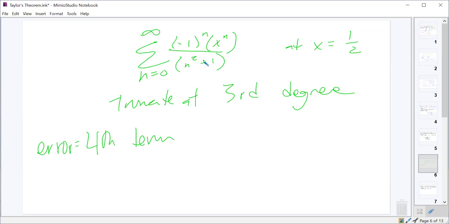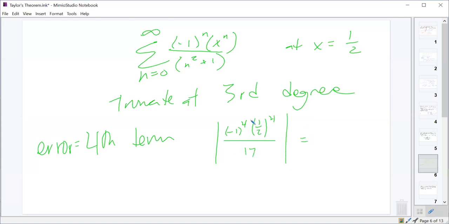And so effectively, we've got a 2 to the n and an n squared plus 1 in the denominator. So it's definitely going towards 0 as n goes towards infinity. So what's our fourth term? Our fourth term should be the absolute value of -1 to the fourth, 1/2 to the fourth over 17. And that's just 1.